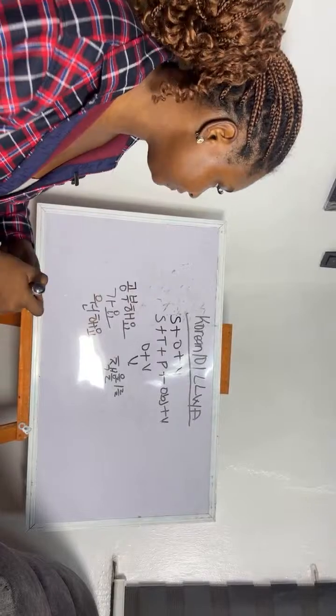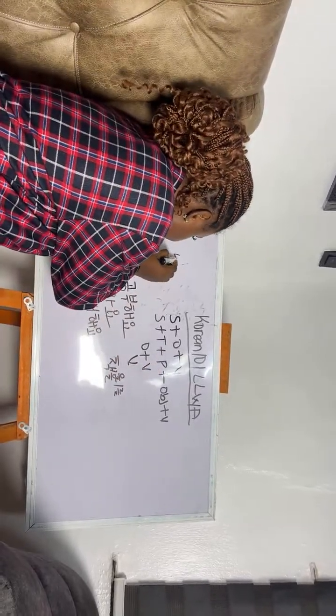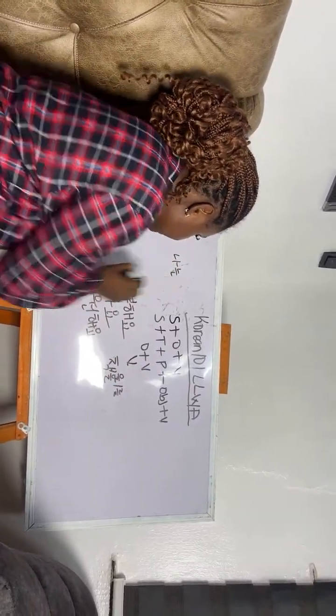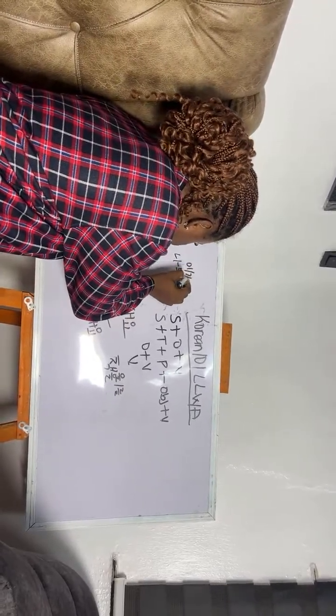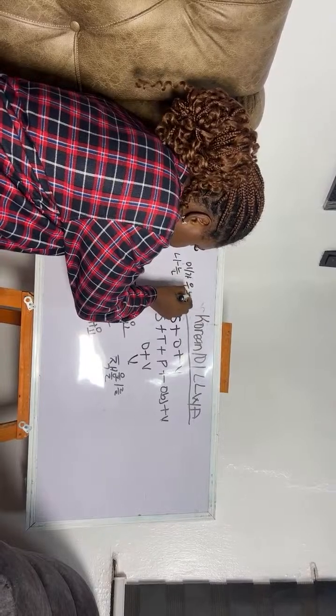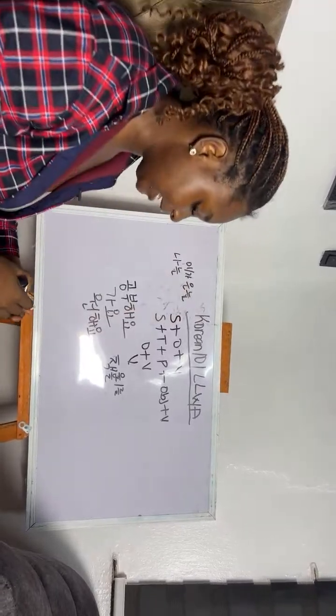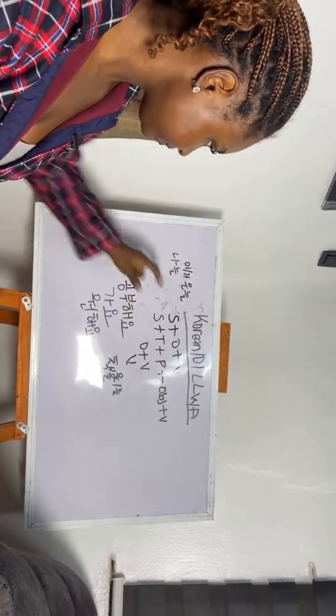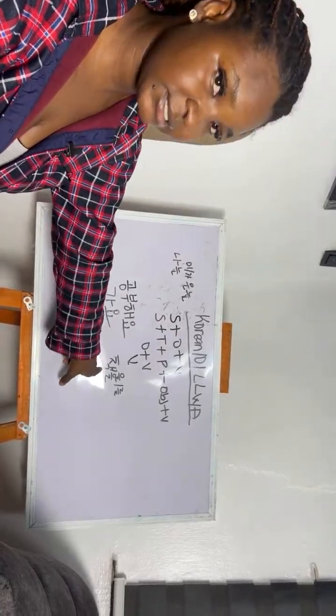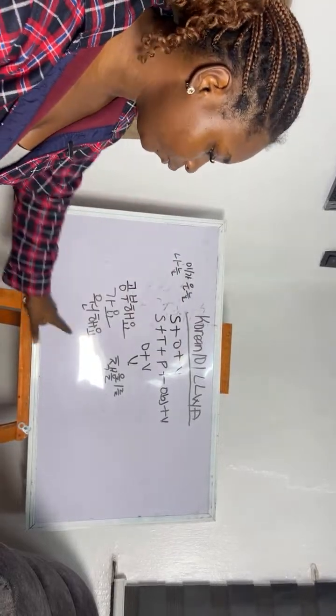나는. So my first subject I'm using is 나는. Obviously you can use iga, you can use 는. So 나는 is the first subject here. So 나는 subject, object chaegeul, verb wonhae.